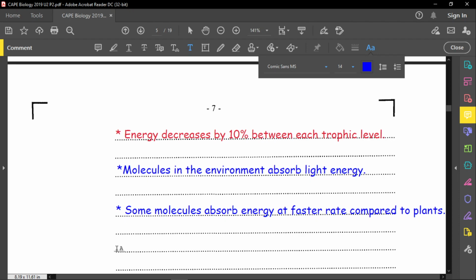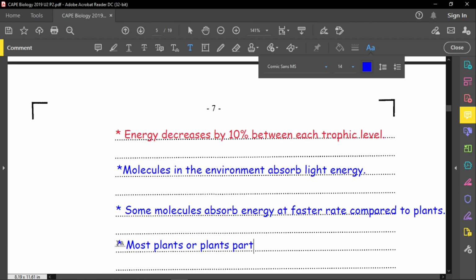What I also want to make mention of, this is the last point I want to make right here, is that most plants, right, just to make a note, that most plants or plant parts, okay, are not even consumed by consumers, all right, or herbivores.